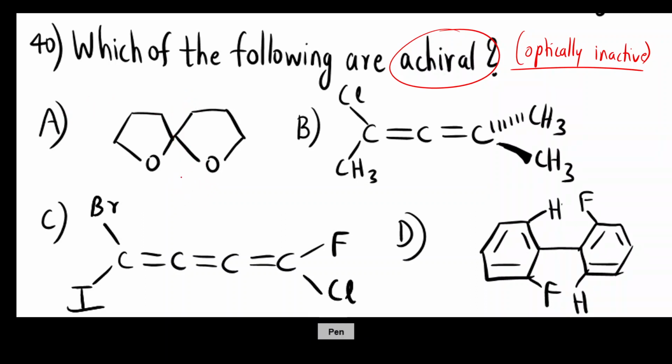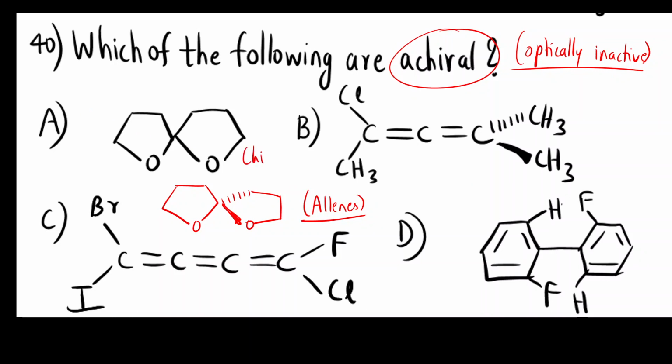Because if I draw the actual structure, two bonds are in plane and the remaining two bonds of the ring are going to be in a perpendicular plane like allenes. So this is chiral. This is not achiral.